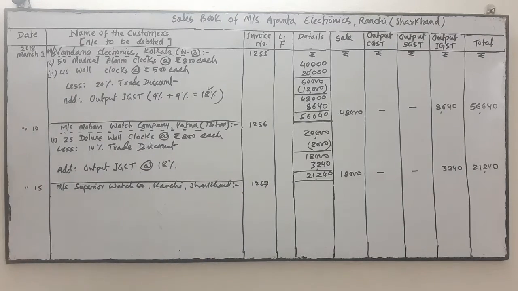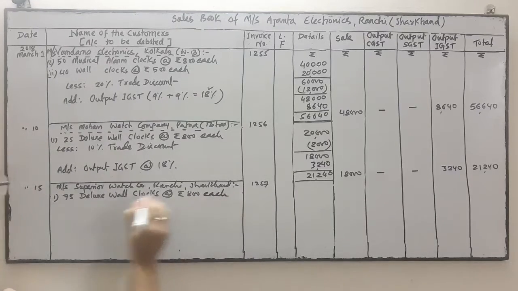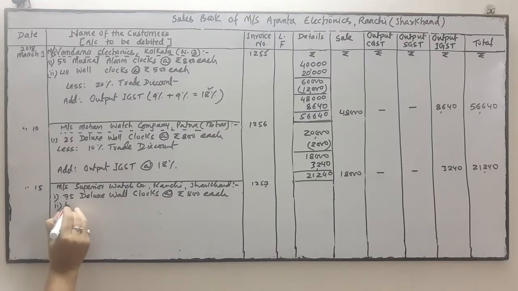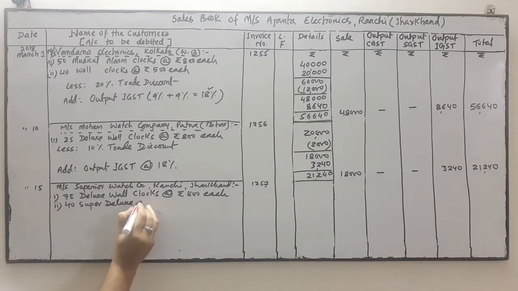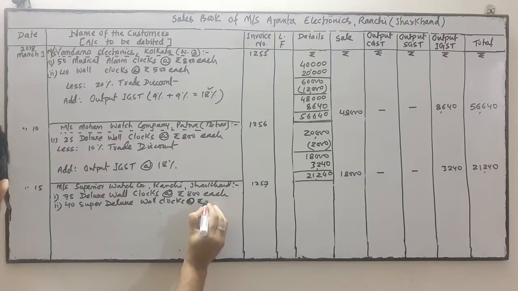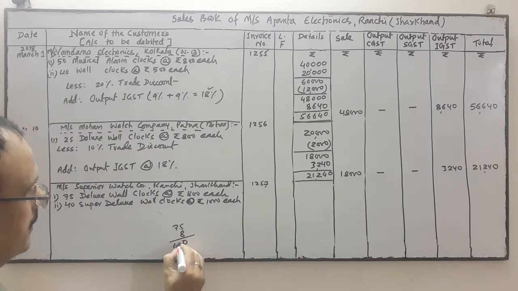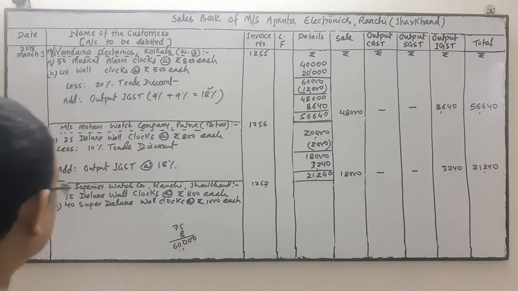The first one is 75 deluxe wall clocks at the rate of rupees 800 each, and the second one is 40 super deluxe wall clocks at the rate of rupees 1,000 each. So 75 into 800 is 60,000.